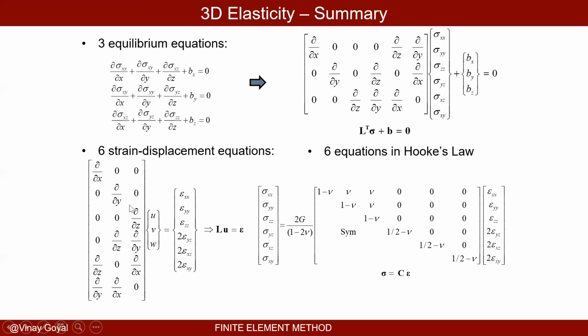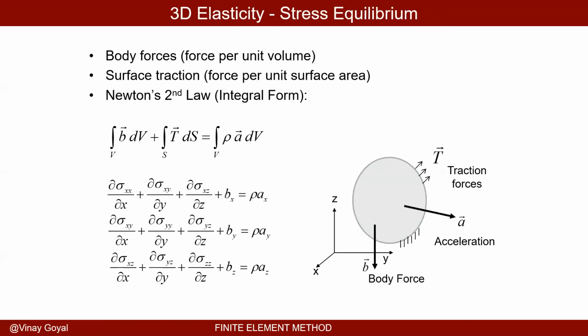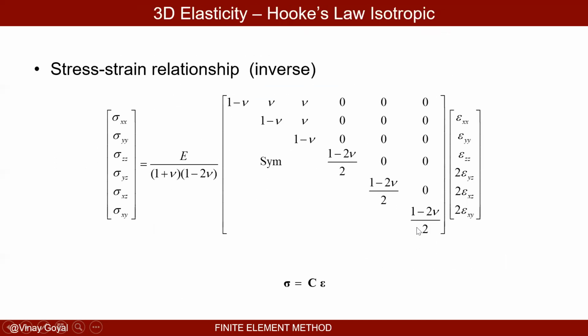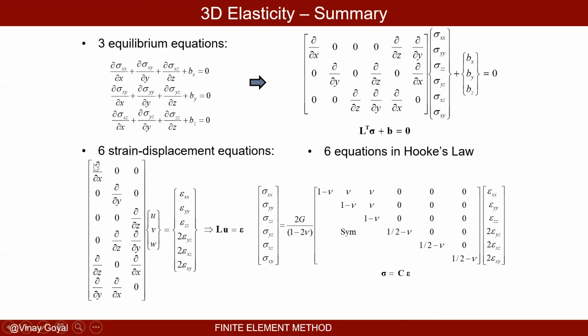When I look at the 6 strain deflection relationships we showed earlier, I can write that here in this matrix. So that first row times that first column gives you the first term. Second row times that first column gives you that second term. And you can see that multiplying these rows times these columns, I'm able to get the relationships I showed on the previous page.